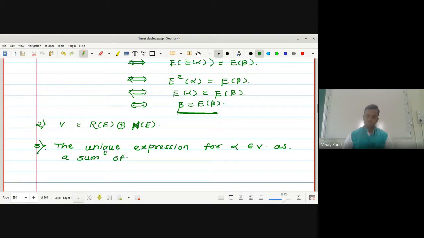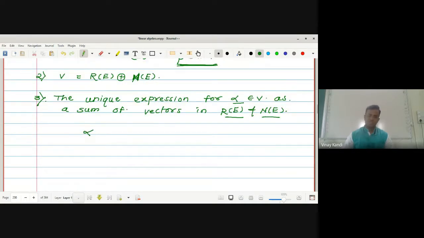Unique expression as the sum of vectors in range space of E and null space of E. Okay, आत्ताच पाहिलं, if V is equal to R of E plus N of E, then any vector alpha we can write as the sum of vectors in R of E and N of E. मग हाच अल्फा इन जनरल आपण कसा लिहू शकतो? E of alpha, okay, so this is the vector belongs to range space, plus alpha minus E of alpha, आणि हा वेक्टर ऑलवेज तुमच्या नल स्पेस मध्ये असतो.